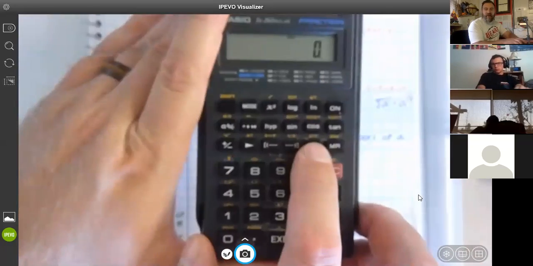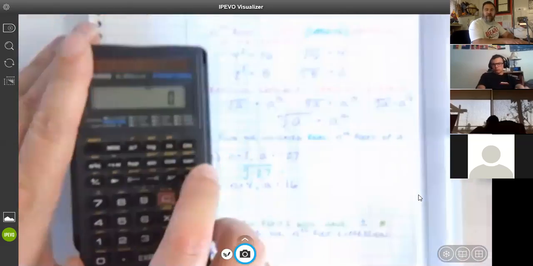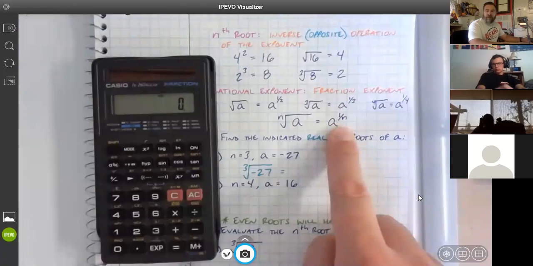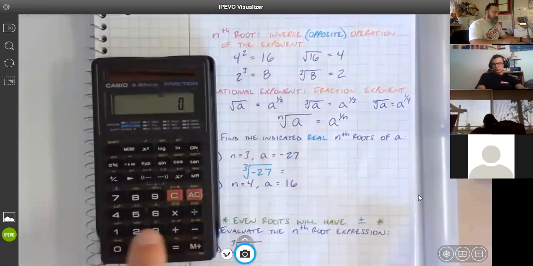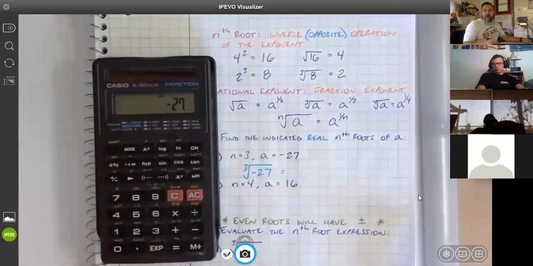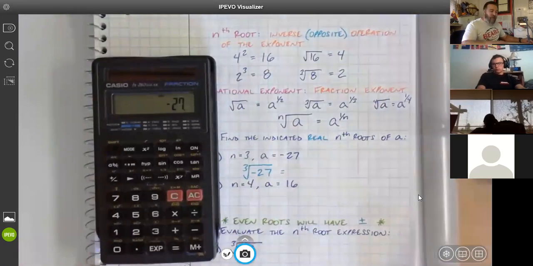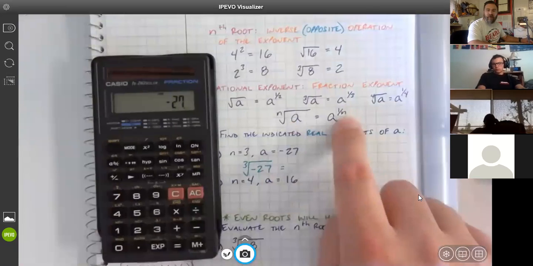And so that secondary function there, x to the 1 over y, is going to be performing this operation here. So basically I'm going to take that negative 27. On my calculator, I have to push this negative sign button to make it negative. Yours might not need to do that. But now I'm going to raise it to the power of 1/3, because that's what the cube root is the equivalent of.